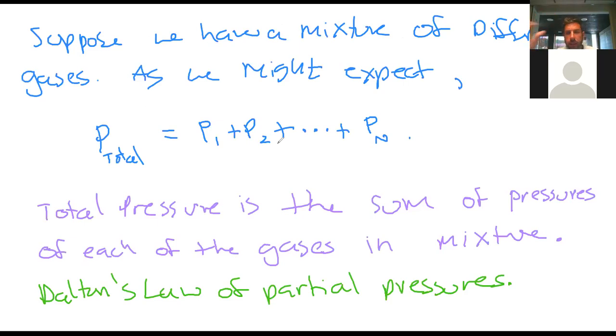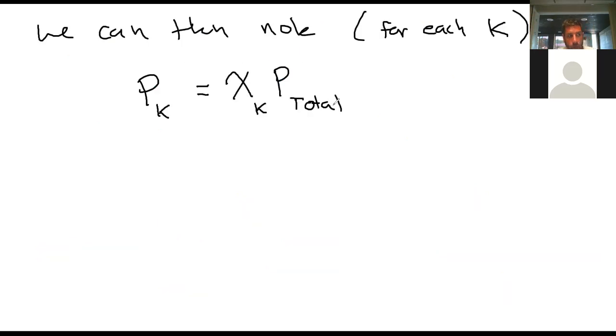We have the first, the second, the third. Maybe there's 15 of them, in which case n is 15. Maybe there's 100, in which case n is 100. But it doesn't matter which one it is, whether it's the 7th or the 6th or the 39th. It's going to obey this mathematical formula. And even more importantly, we can be more specific.